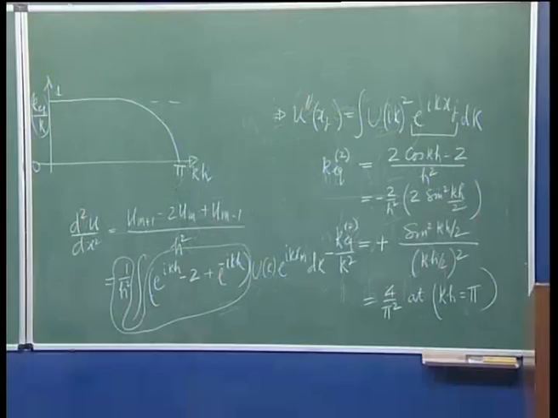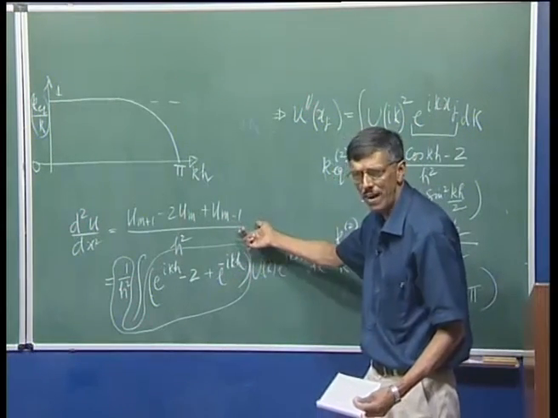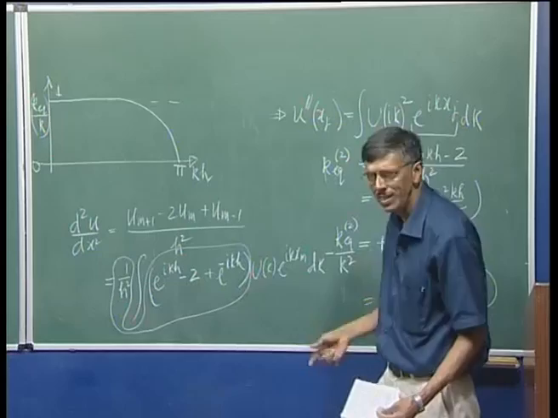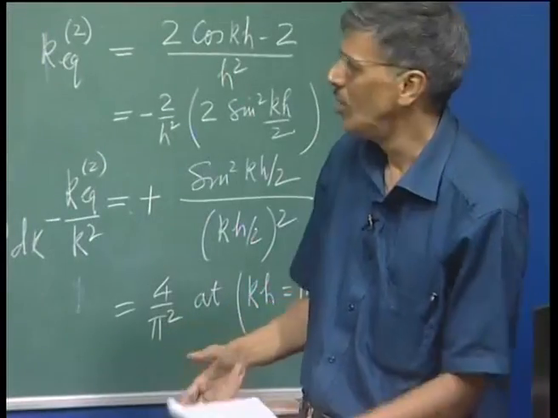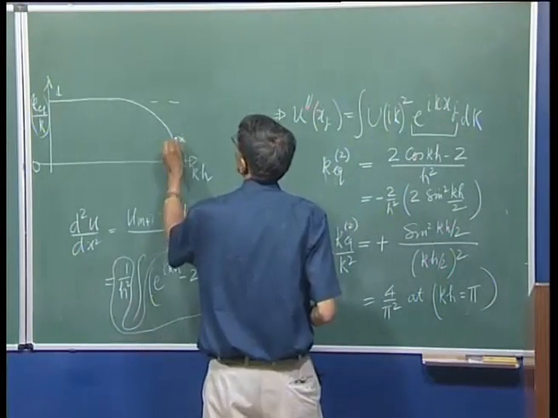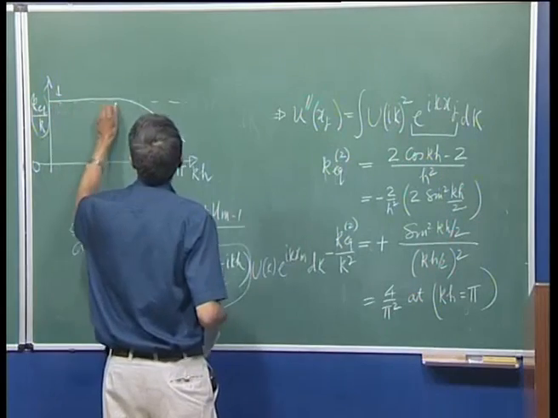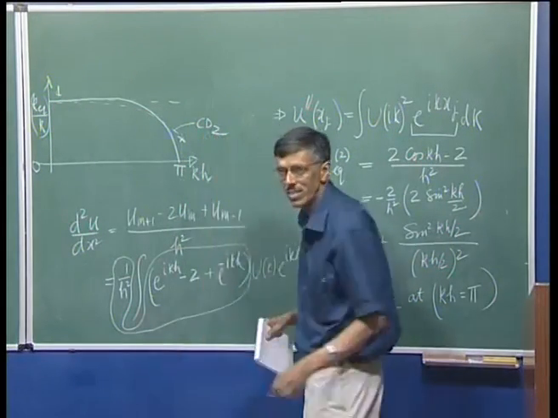That is a remarkable thing. So, if I evaluate the second derivative even by a finite difference CD2 form, then at k h equal to pi, it is not 0. It is somewhere some value here. So, that could be something like this. So, this is your CD2 representation.